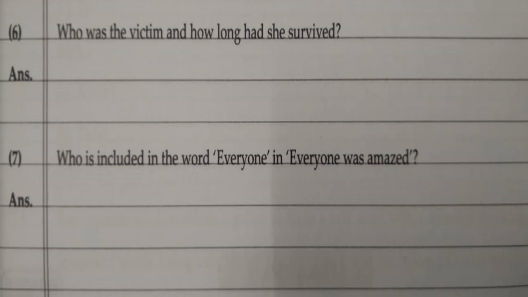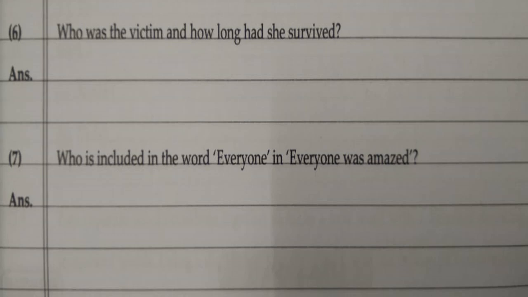'Everyone' in 'everyone was amazed' refers to the passengers and the crew of the English ship. Passengers and the crew, CREW, of the English ship. So this is the answer for these two questions.